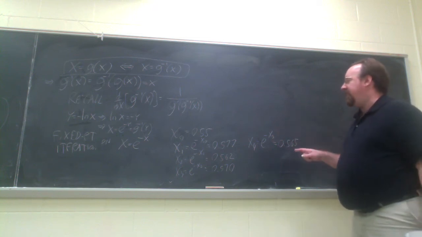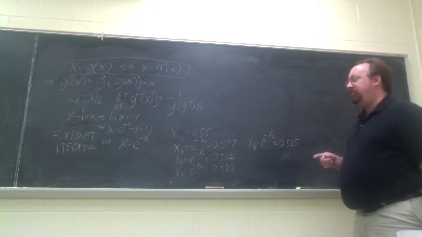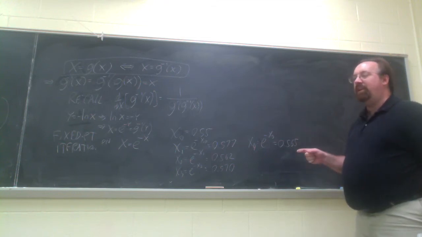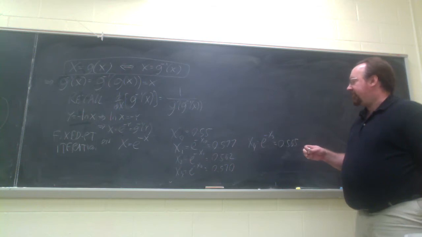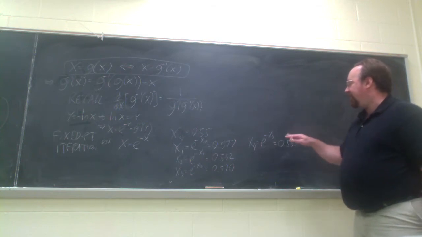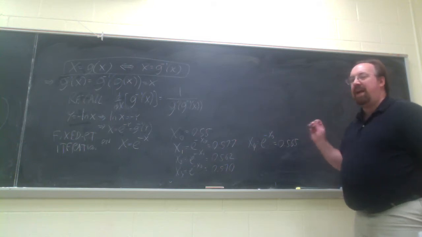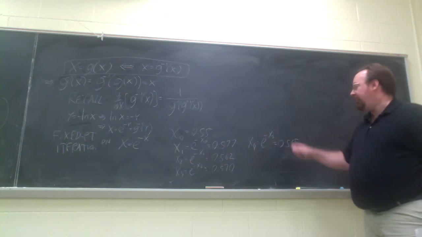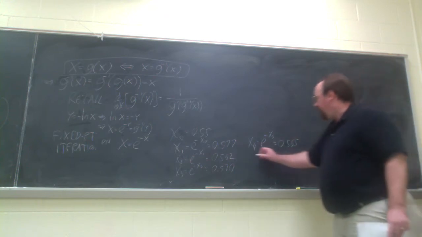So the sign of the error is going to keep alternating between positive and negative. But because the derivative is now less than 1, the size of the error, the magnitude or absolute value of the error, is going to decrease. So this is behaving the way you want.